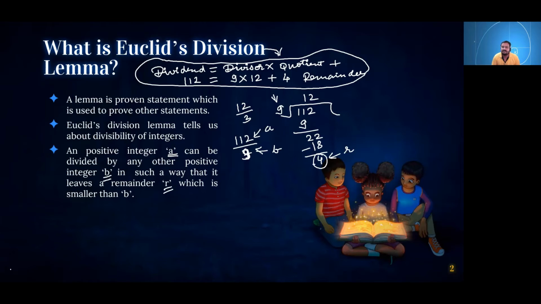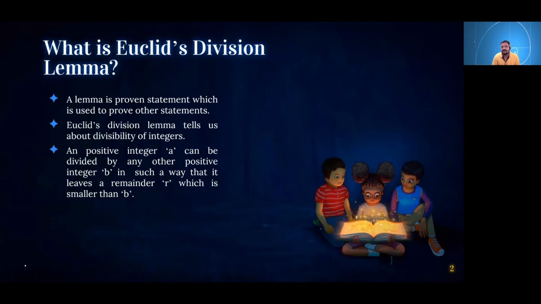Now check whether this 4 is smaller than this 9, yes or no. Remainder always comes smaller than the divisor. Okay, so this is our Euclid's division lemma. How to use it, we will see that also in the further slides. Is it clear to everyone? Till here, any doubt, any problem?